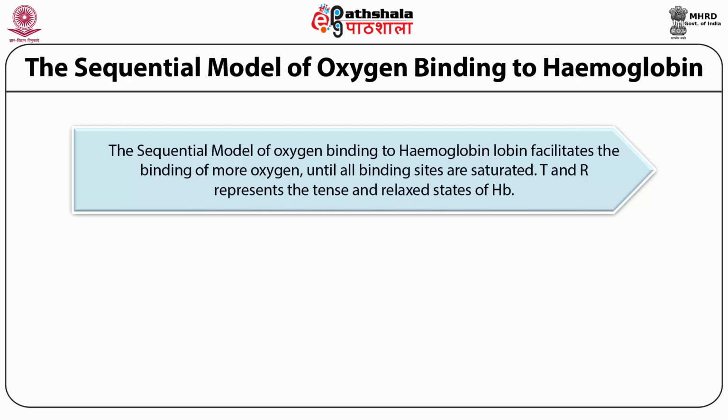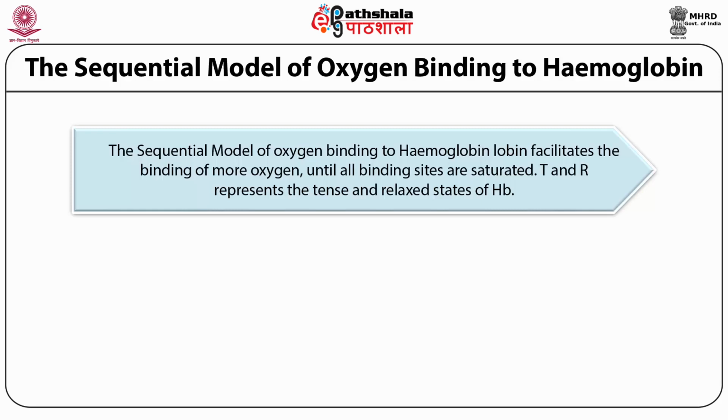When it binds, it basically changes the structure. So in the sequential model, for example in hemoglobin, the 4 monomers change their conformation from T state to R state, and this change occurs one at a time.